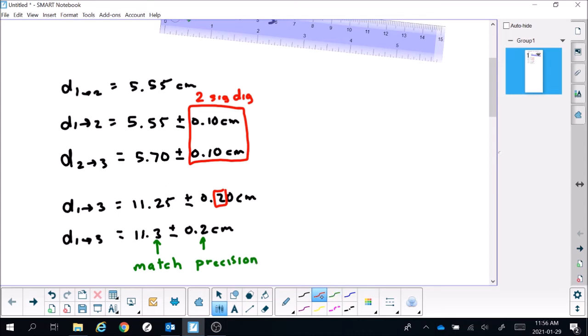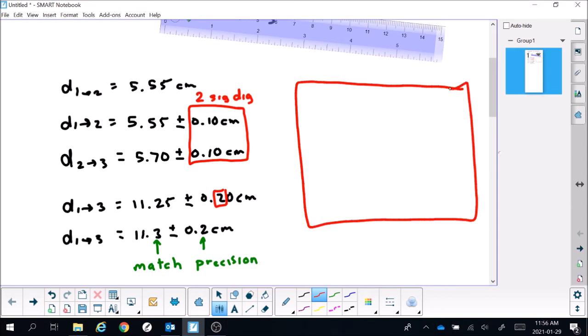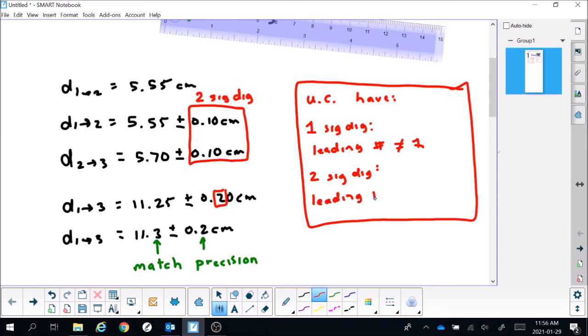Okay, so to recap that little detail I gave you, uncertainties, which I'm going to call UC, have 1 sig dig if the leading value is not equal to 1, and 2 sig digs if the leading number, or the leading significant digit, is equal to 1.